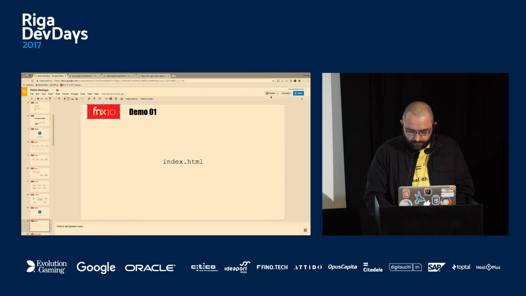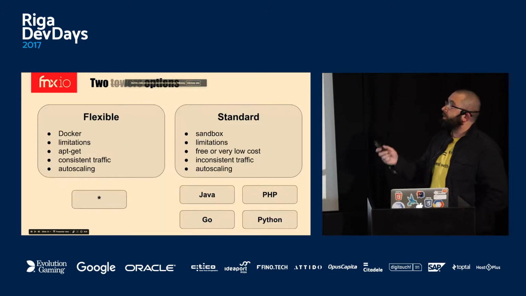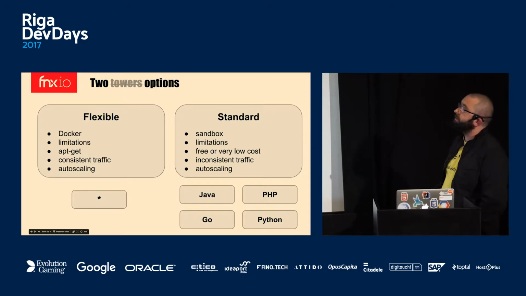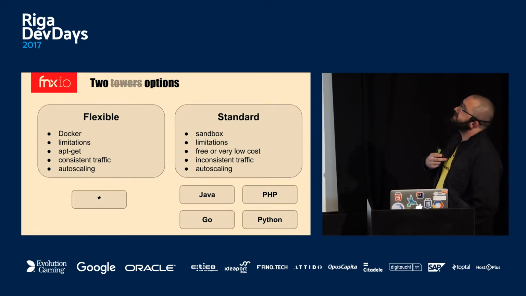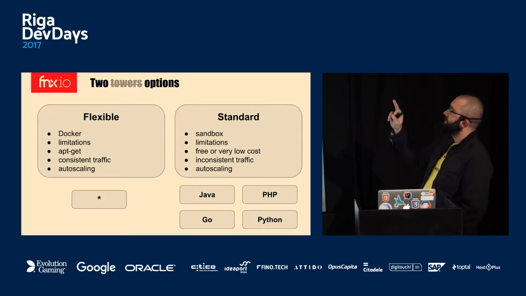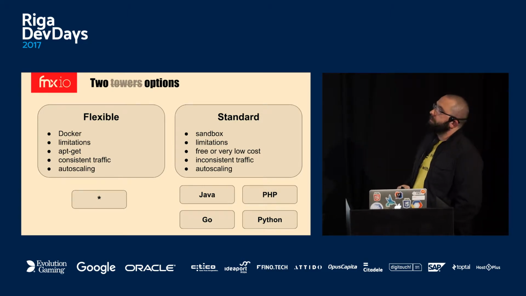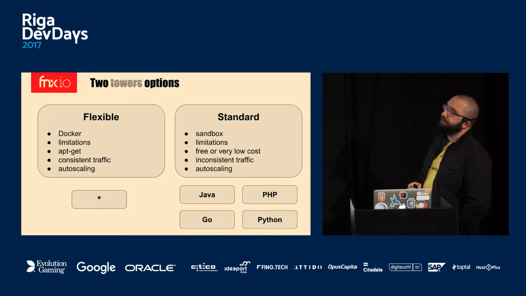You have two options in AppEngine: flexible environment and standard environment. What you have seen just now was a standard Python application. Flexible environment is quite new in AppEngine. It's based on Docker.